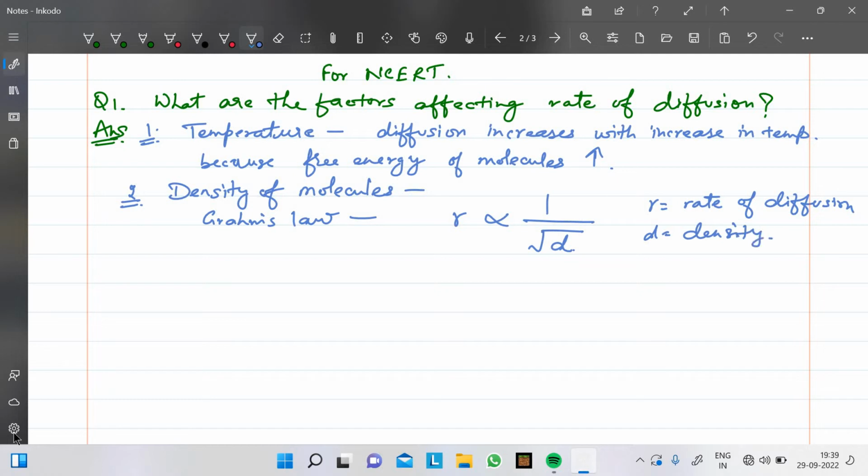So what does it mean? The greater the density, the lower the rate of diffusion.